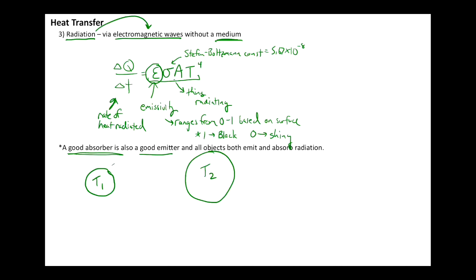And both of these are radiating. Okay? But we're going to focus on T1 and look a little bit about its rate of heat radiated based on how much it's giving off and how much it's receiving from the other object.